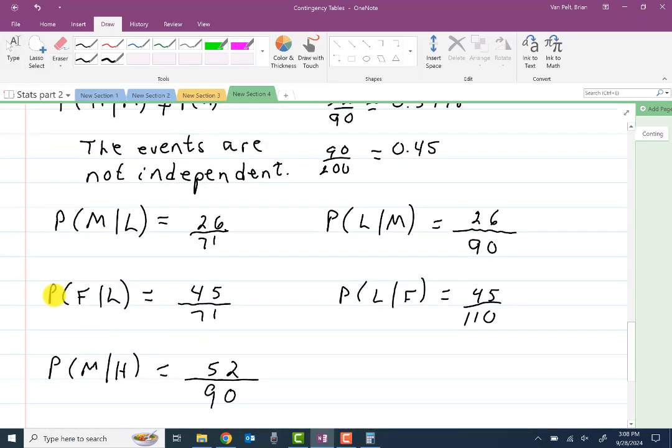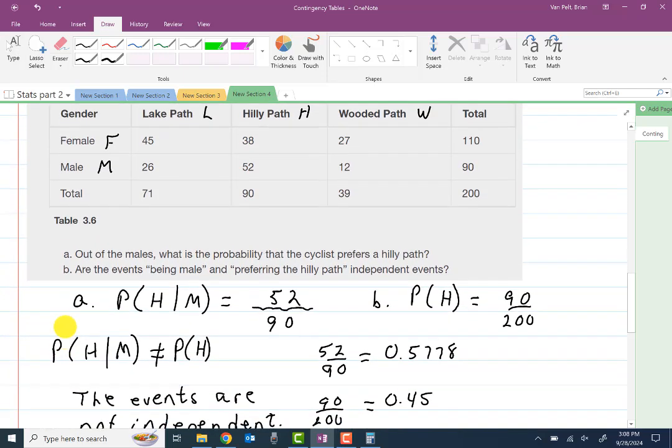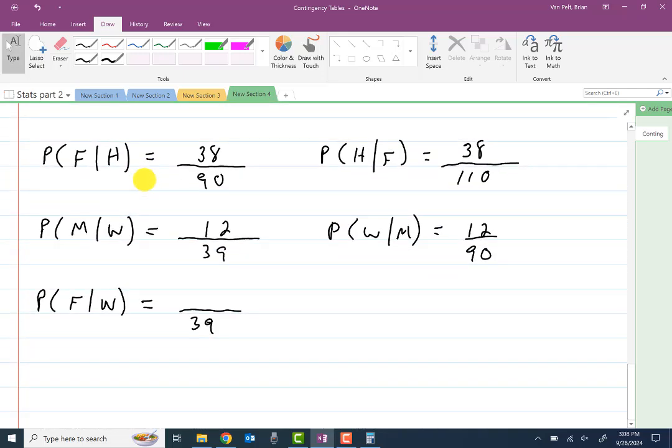But we'll go up to the table just to verify that. There it is, 27 for female in the wooded path. And the probability of W/F is going to be 27 divided by, and I happen to remember that there are 110 females in this problem.